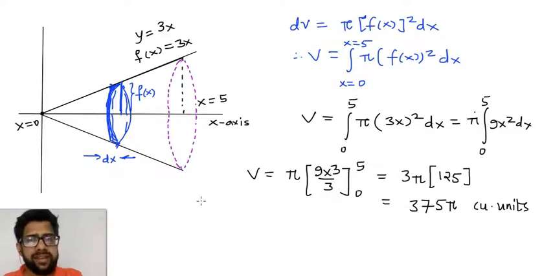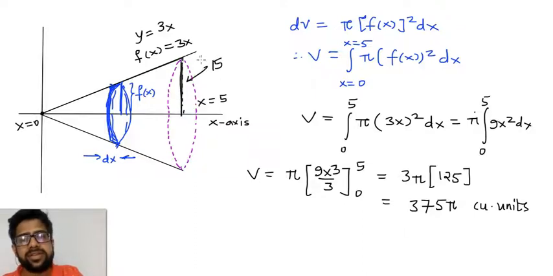Now let us verify if we got the correct answer. We know that this is a cone with radius f of x. So the radius of this cone is actually 15, because at x equal to 5 the height here is 15, which is nothing but the radius of the cone, what we usually know.